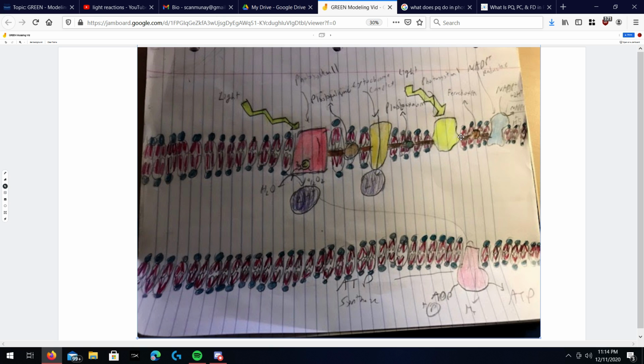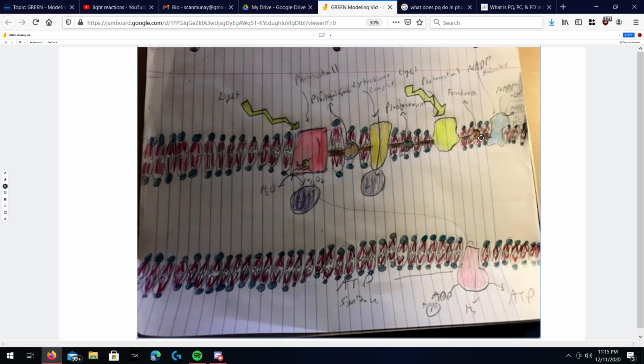Okay, so now these electrons will travel into something called ferredoxin, which is basically like the other 2 membrane proteins. It's another intermediary step before it gets to the NADP reductase.